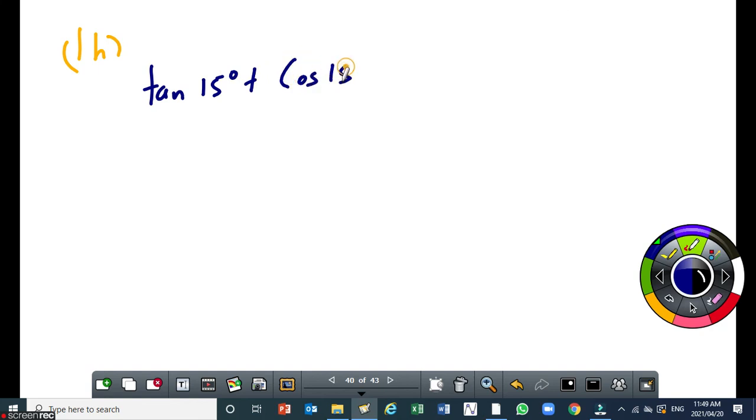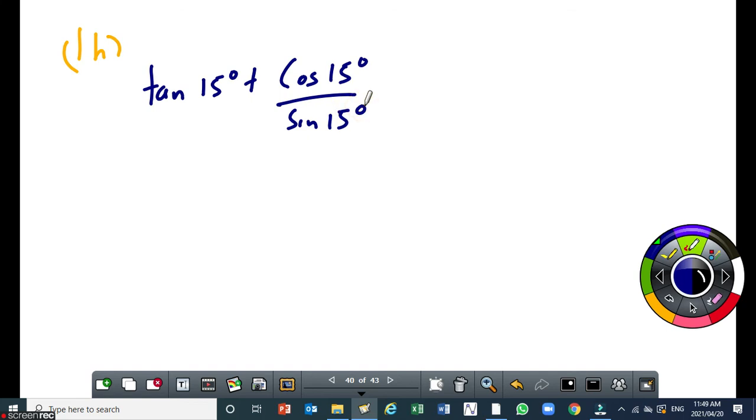So we have tan 15 degrees plus, I expect you to pay attention, cos 15 degrees over sine 15 degrees.